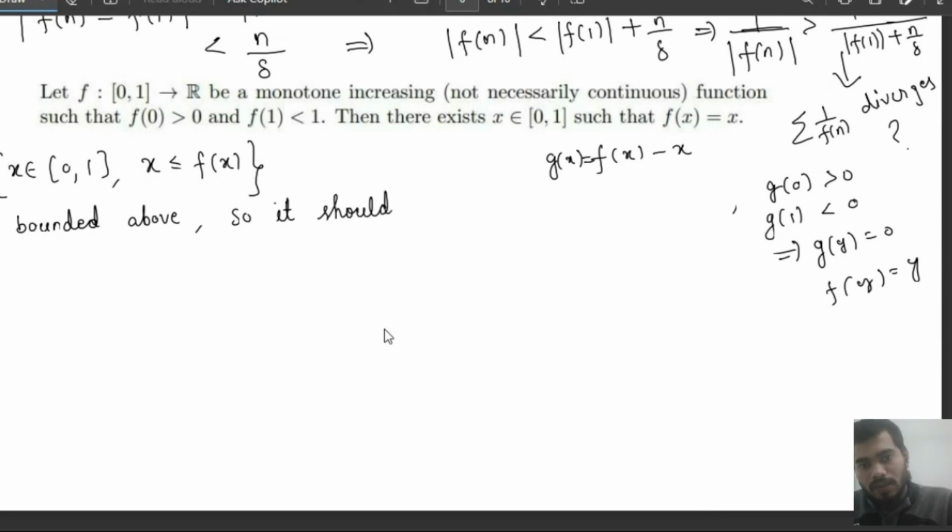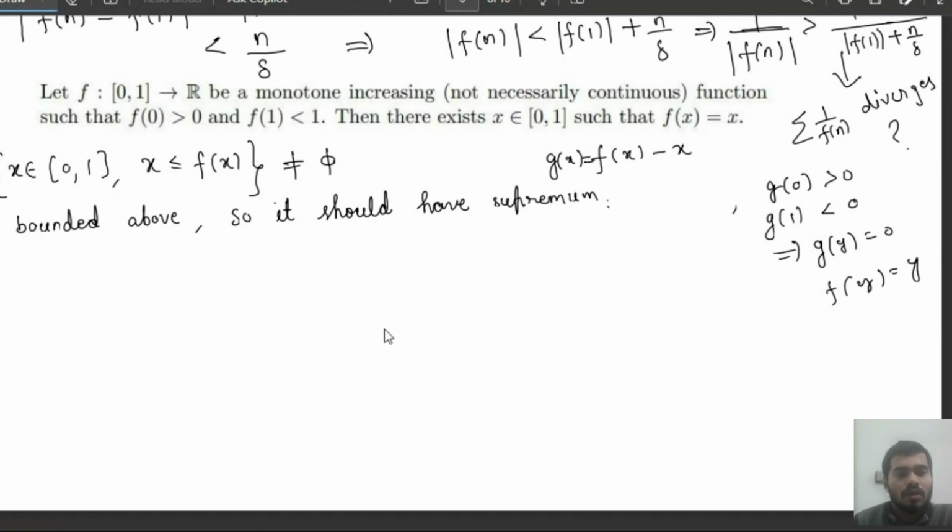I'm asking. It is non-empty, sir. 0 belongs to A. f(x) is the upper bound. Oh, okay, yeah. So first of all, this is a non-empty set because of course 0 belongs to it, and it is bounded above. So it should have a supremum, right?